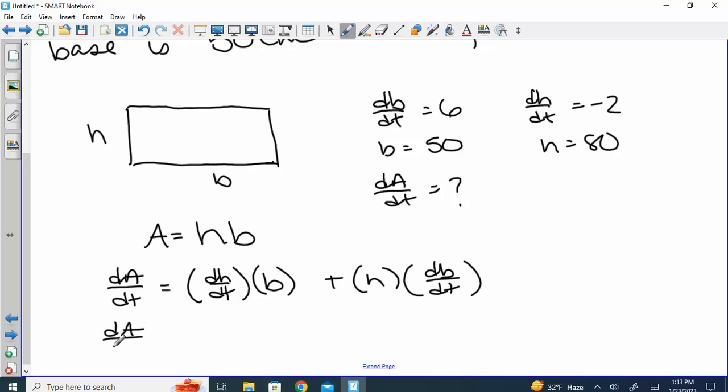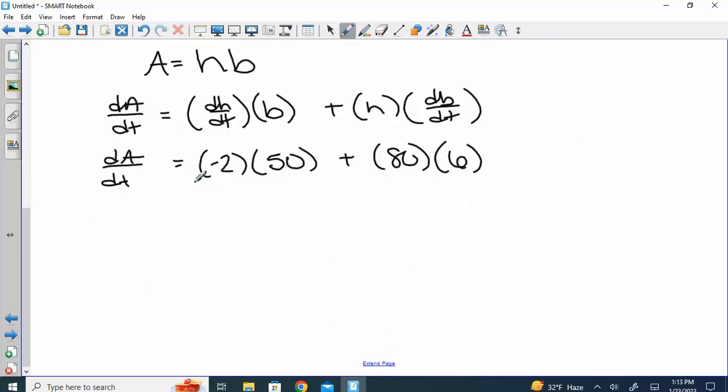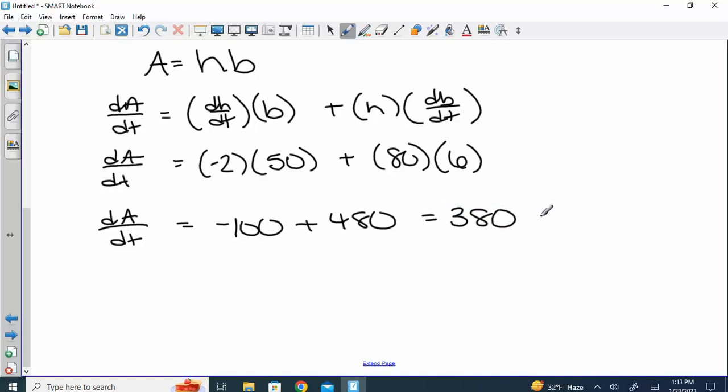And then we just plug in stuff. dH/dt is -2, B is 50, H is 80, dB/dt is 6. Look, I even gave you one that you could do without a calculator just to help you practice for the test. So we get -100 plus 480, so 380. What would my units be? Centimeters squared per minute.